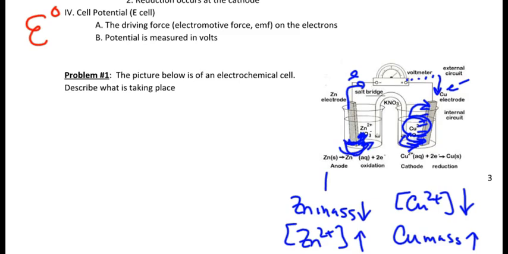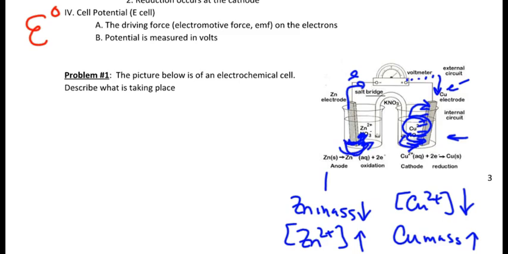So what about this salt bridge? Why do we need a salt bridge? What's happening to the charge in my solution over here? I'm losing the 2+. The nitrates are still floating around. Nitrate, in a sense, is accumulating, because if copper 2+ is going down, nitrate's not doing anything.